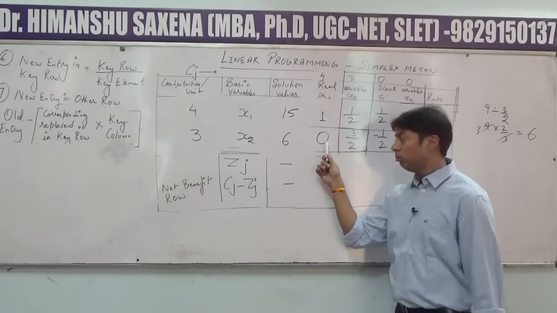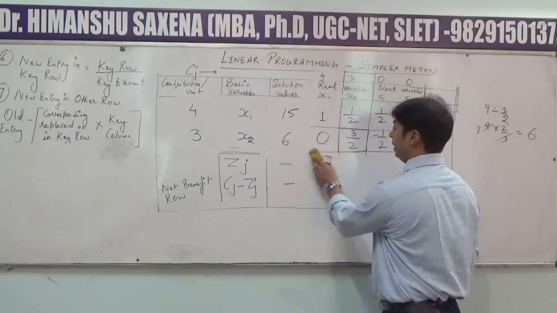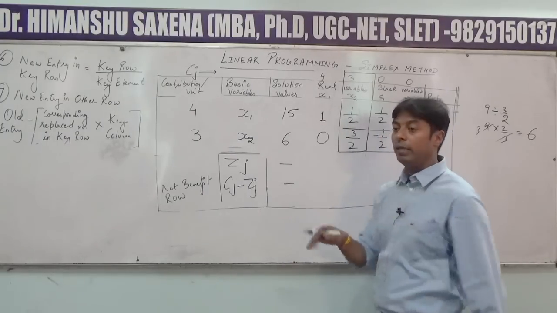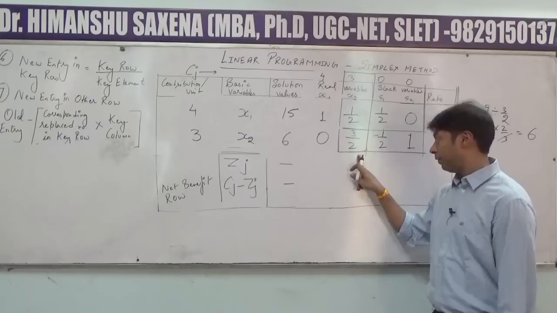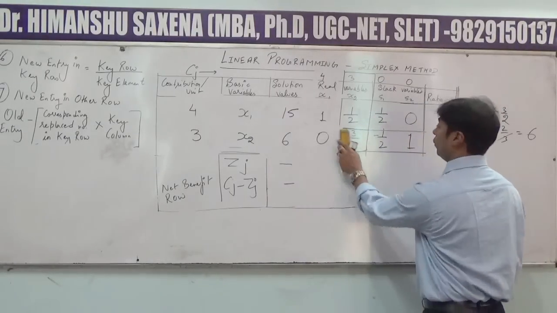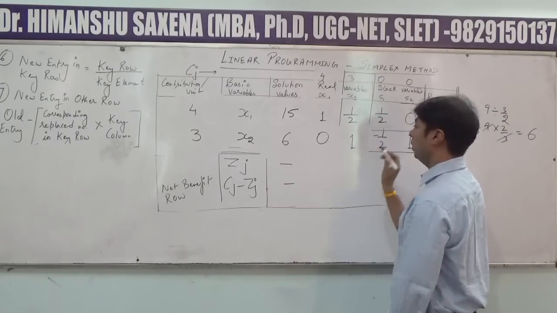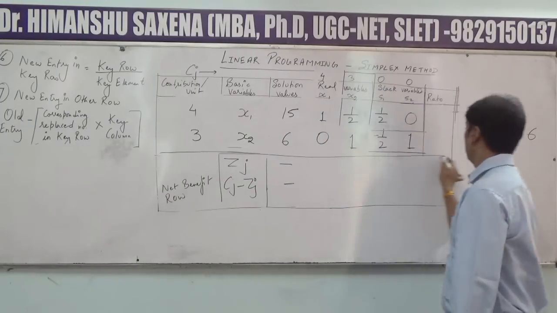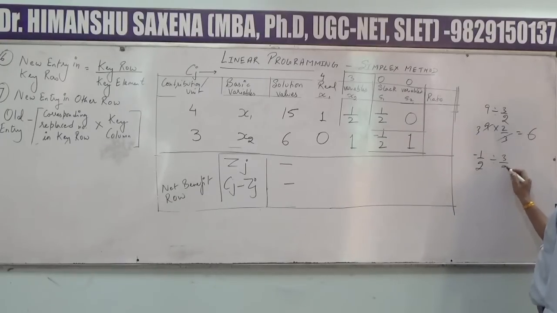Next value 0 divided by 3 by 2 will give you 0 only, because 0 divided by anything will give you 0. Next 3 by 2 divided by itself, 3 by 2 divided by 3 by 2 will give you 1. Next minus 1 by 2 divided by 3 by 2.